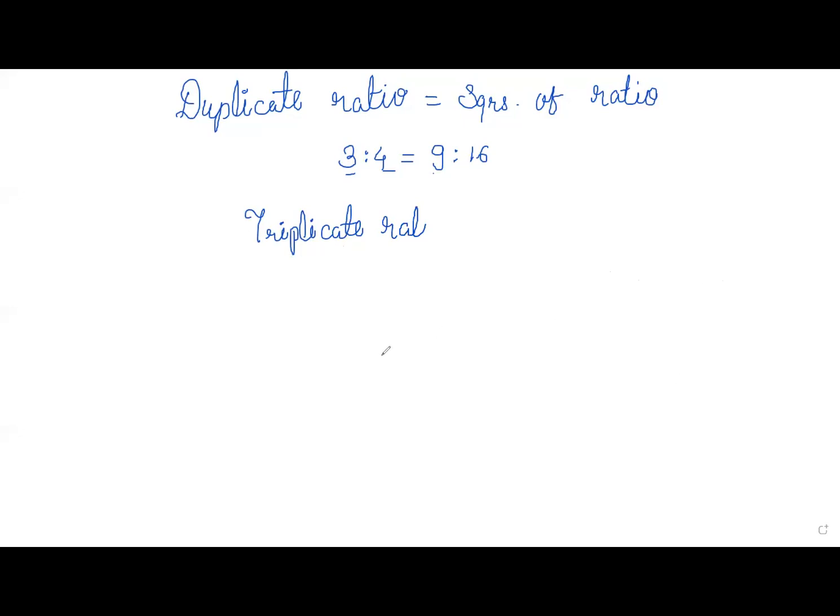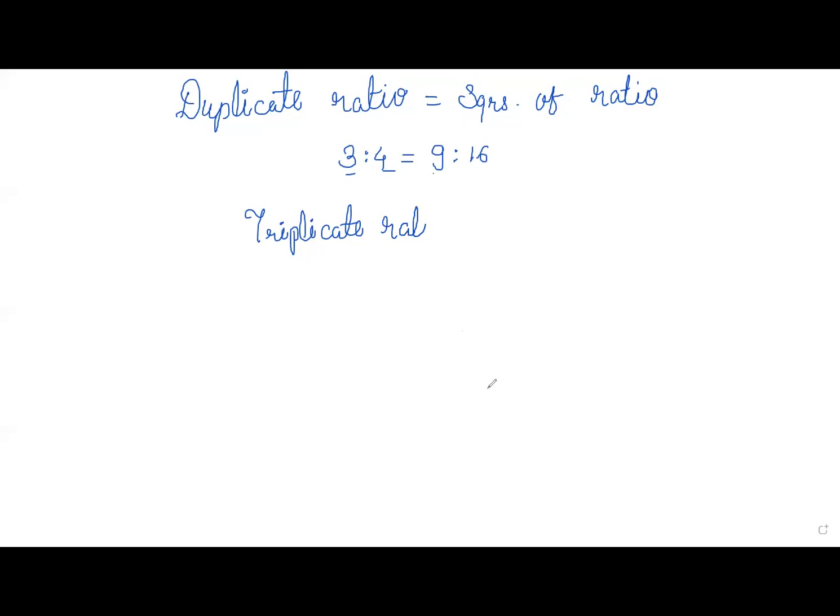Then inverse ratio, before that subduplicate ratio, that is square root of the ratio. Means here I have 27:8.